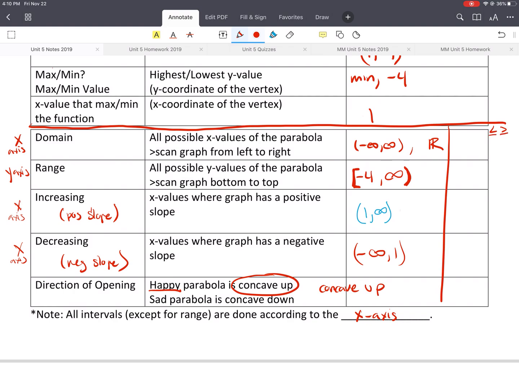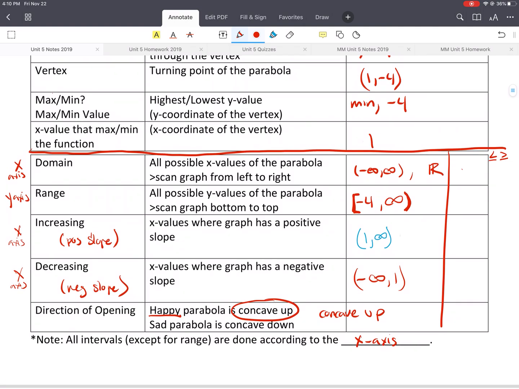So domain, in this situation, if we did inequalities, this would still be R. You could just write it like that, okay? Or you could do all x values from negative infinity all the way to positive infinity. So that would be inequality notation.